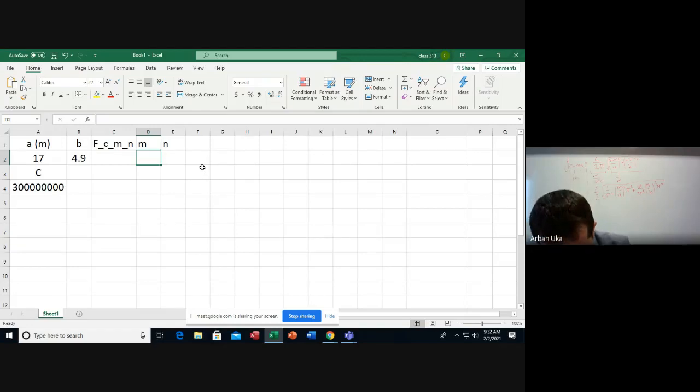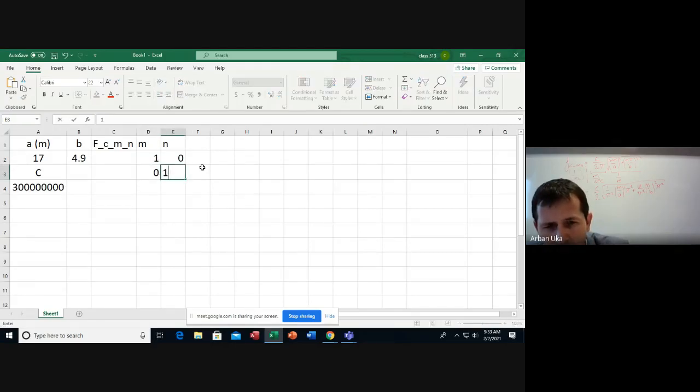Apparently we're going to pick up the initial modes, which are going to be 0, 1 and 1, 0. Let's work with these: 1, 0, 0, 1, and then we have 1, 1. Then 1, 2, 3, 4, 5, 6.